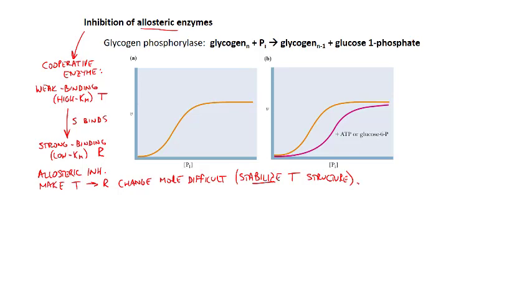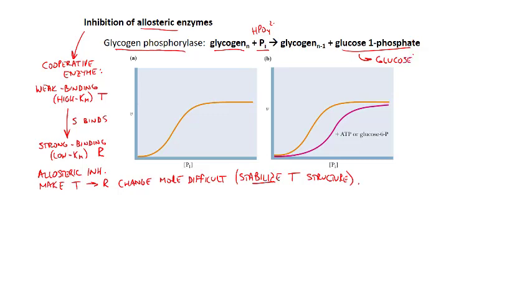So a well-known example of an enzyme that's allosterically regulated is glycogen phosphorylase. We're going to talk about glycogen later in the course, but glycogen is a complex carbohydrate. It's essentially used inside cells to store glucose. What glycogen phosphorylase does is it chops glucose off of glycogen. So we have glycogen plus phosphate, that's just HPO4 2-, and that removes a glucose and gives you a glucose 1-phosphate, which then gets converted to glucose, which can be used as food.